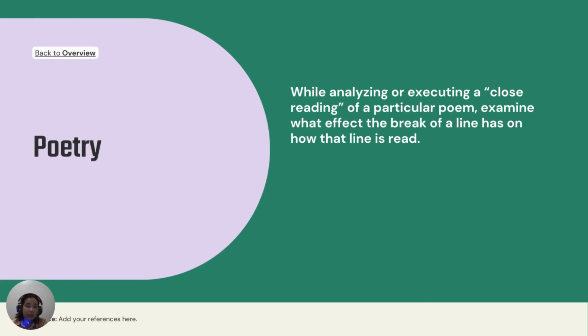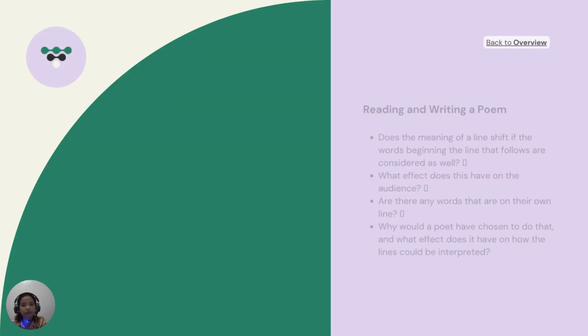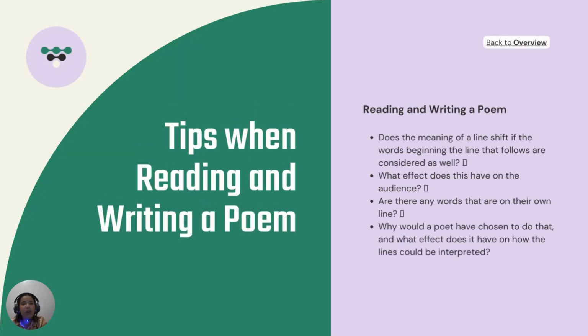Again, when analyzing a poem, execute a close reading of the particular poem and examine the effect that the breaking of a line has on how that line is read. Okay? So what are the tips when reading a poem? There is a series of questions to ask when reading and analyzing a poem.